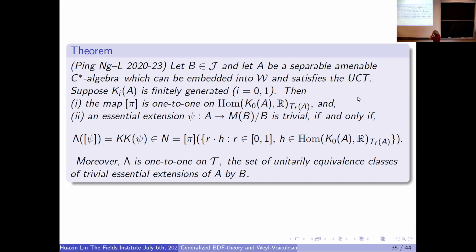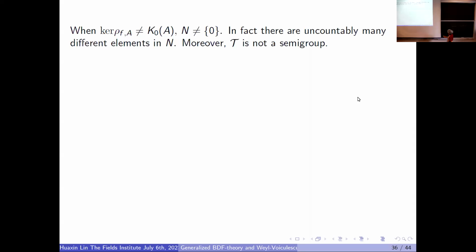And in this case, you can see that the zero element does not necessarily correspond to the trivial extensions, or there is something not zero that can still be lifted. In fact, there are uncountably many different elements in N. So the trivial extensions do not even form a semigroup.